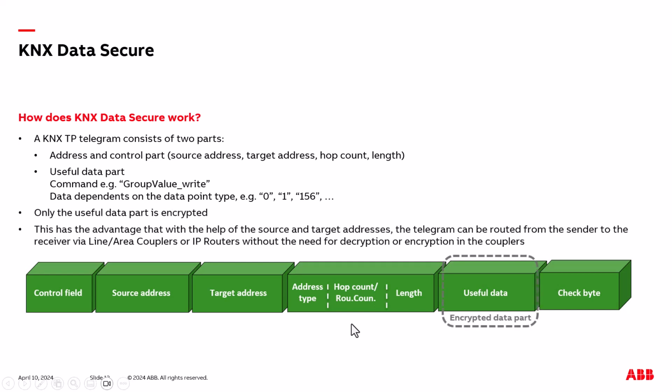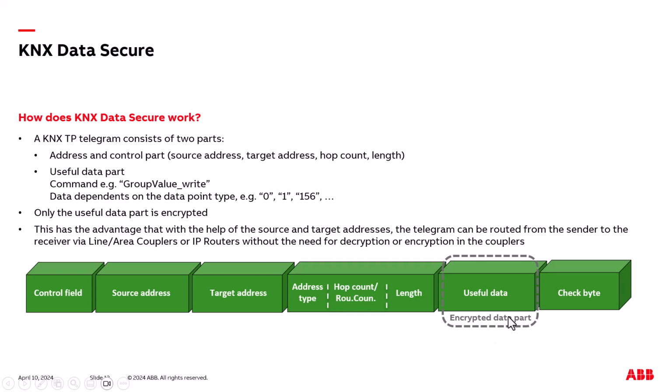And now when we talk about KNX Data Secure, we have this additional feature, the useful data. Here our information, the command, and our data, 0, 1, or the values, are encrypted. So it means not a complete telegram is encrypted, only this part of the useful data.